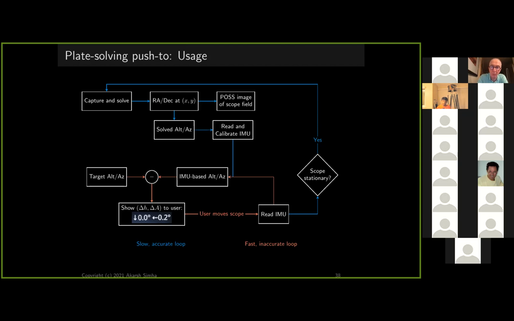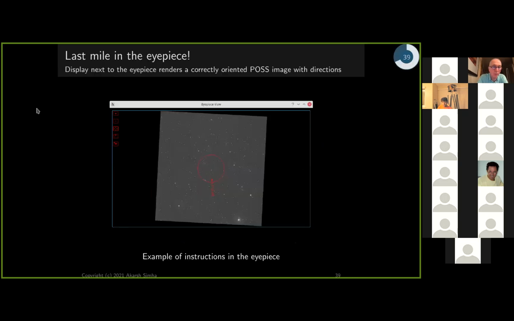Hey, give me a photograph of the sky around this RA and Dec, and it'll do it, right? With north orientation guaranteed. So basically, what I do is present on that display right next to my eyepiece a picture of what I'm expected to see in the eyepiece from the Digitized Sky Survey, correctly oriented. And that way the user can do the last mile in the eyepiece.